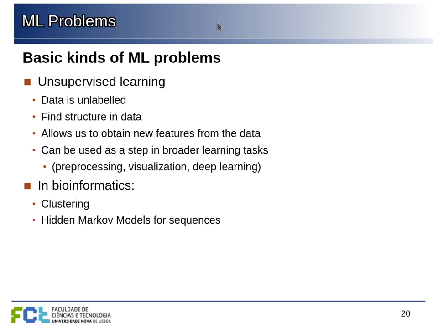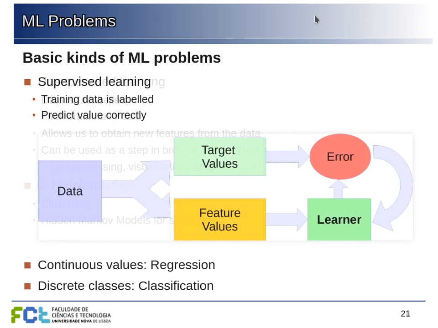For example, in bioinformatics, clustering is used in many different applications, and in particular, hidden Markov models are very used in bioinformatics for processing sequences, for comparing sequences, grouping sequences together, and so on. So this is one example of an unsupervised machine learning approach that is very important in bioinformatics. And we're going to dedicate a lecture to that in a few weeks.